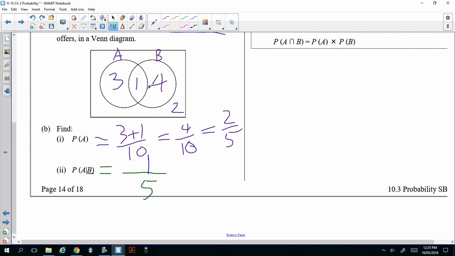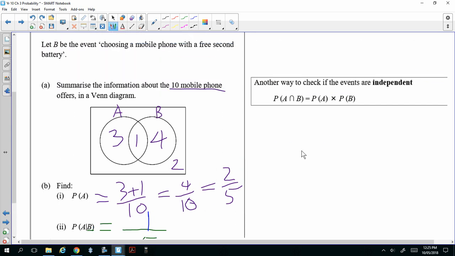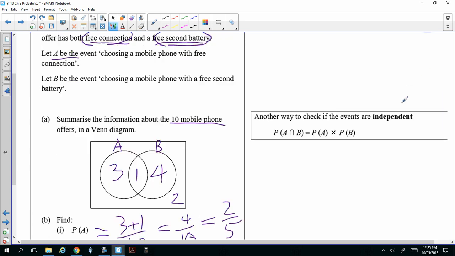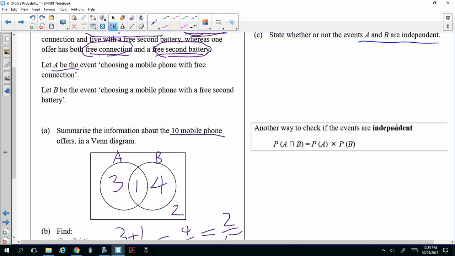Now we can answer the question: are A and B independent? Obviously P(A) is equal to 2 out of 5, whereas P(A given B) is 1 over 5. So they are different.